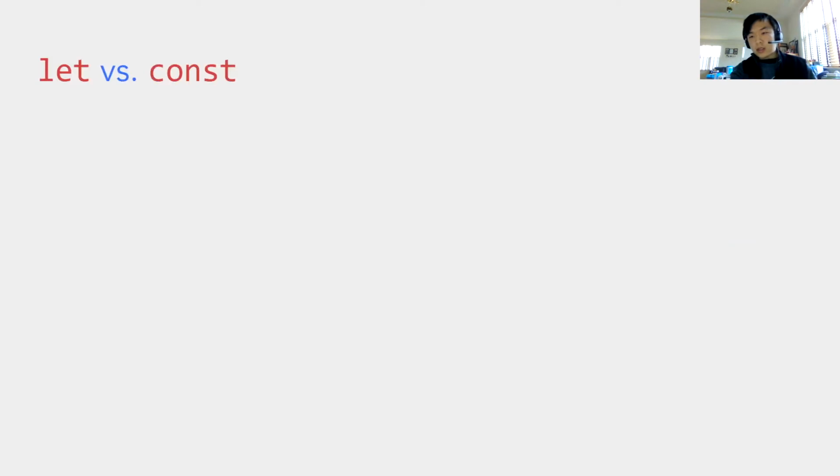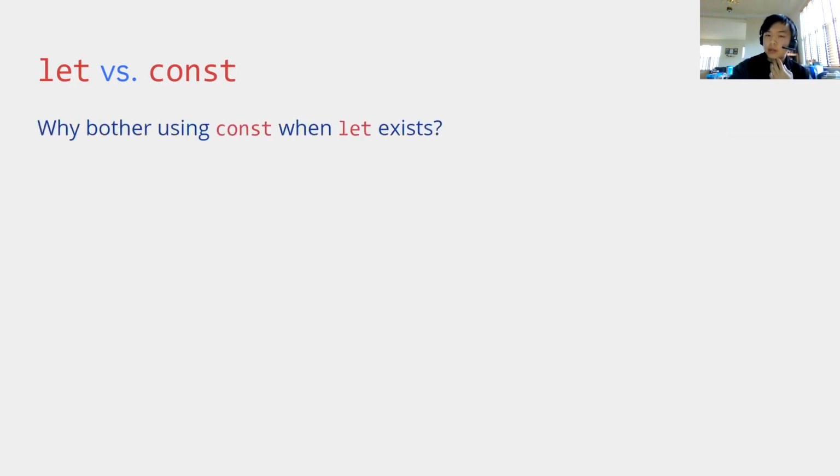All right. So I mentioned const about how it forces something to not change later. So why would we use that though? It seems more restrictive than let. So why bother using it in the first place? Any thoughts on that? Why might we use const?